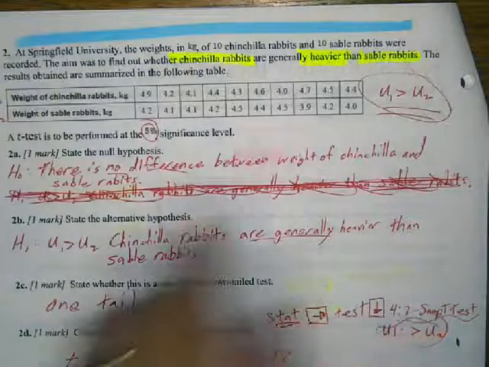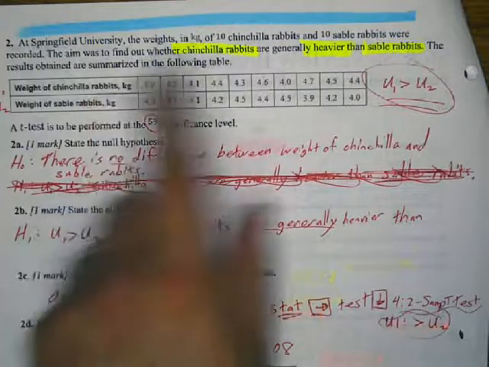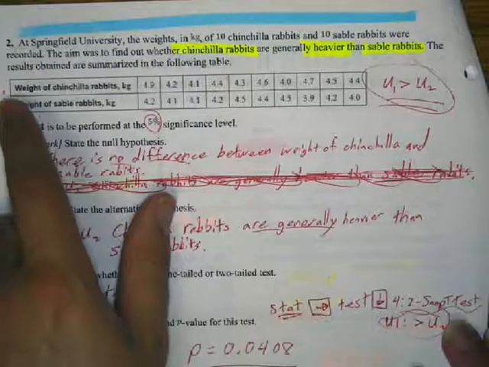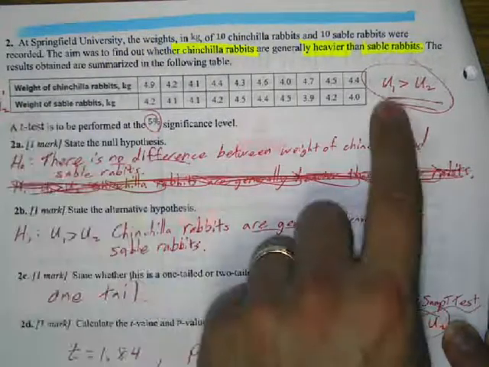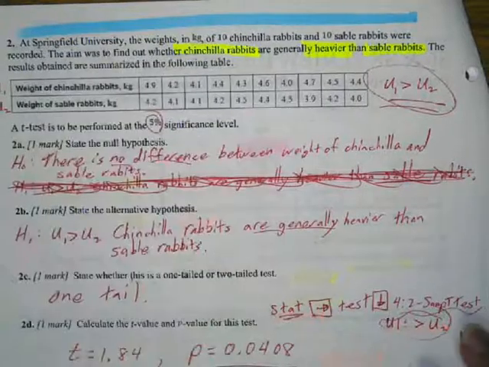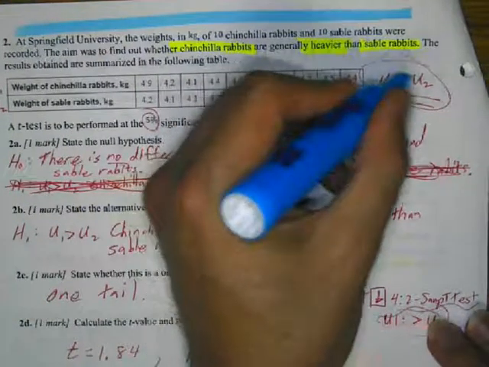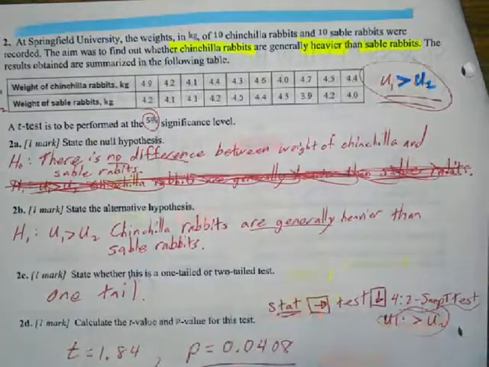So since we want to know if the chinchilla rabbits are heavier than the sable rabbits, we want to know if the first row is larger than the second row. So we're going to use this function on the calculator. Okay, so this part right here is going to be the critical part on the calculator in just a minute.